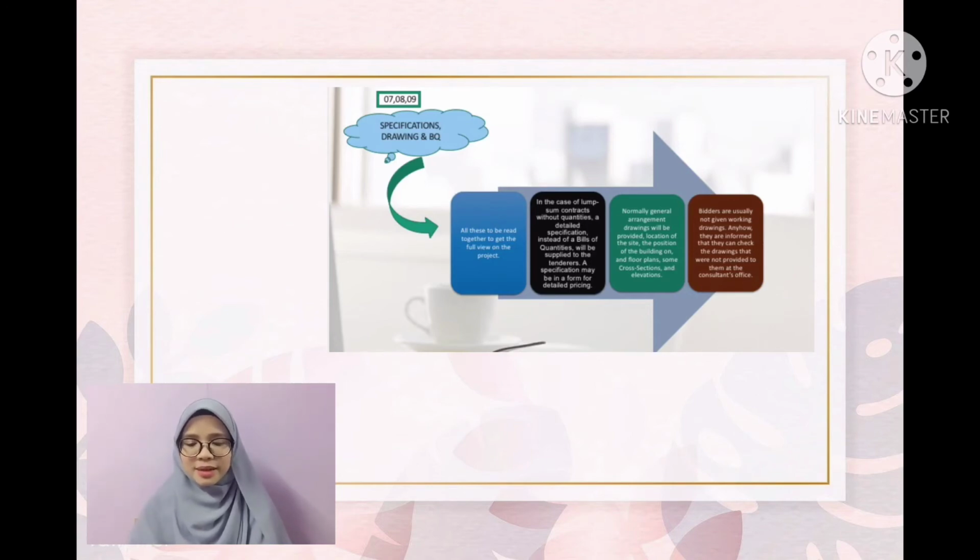Normally, general arrangement drawings will be provided: location of the site, the position of the building, floor plan, and some cross-sections and elevations. Bidders are usually not given working drawings. However, they are informed that they can check the drawings that are not provided to them at the consultant's office.